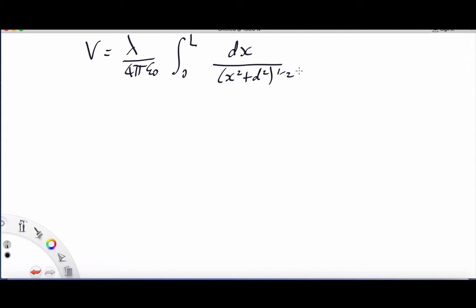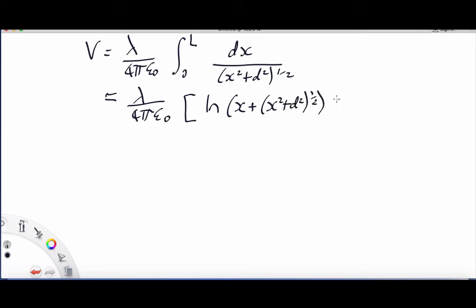So going on from that last line, we've seen this kind of integral before, and what we find is that, keeping the constants out the front, this integral becomes a log function, log of x plus (x squared plus d squared) to the half.